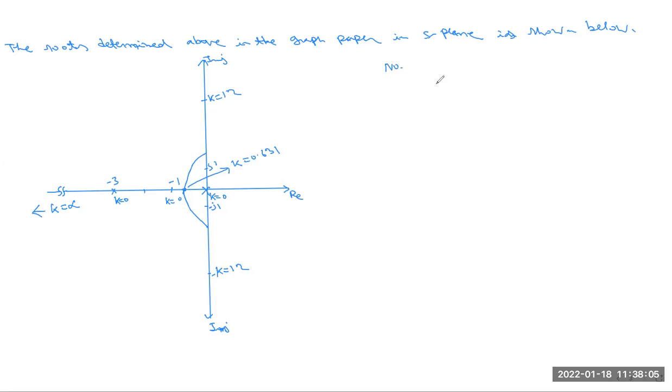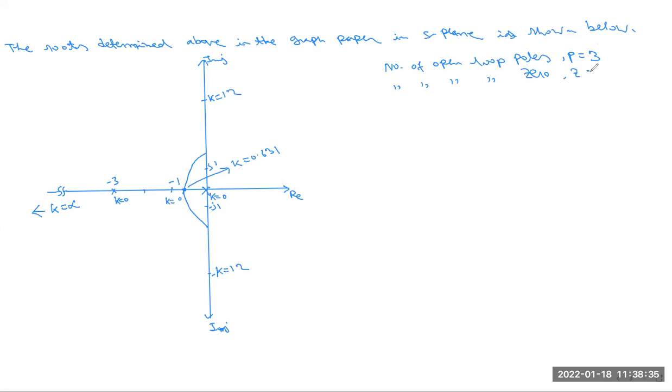What is the number of poles in this characteristic equation? That is the number of open loop poles, that is P equals 3. Why is it 3? Because we have to follow the highest order of S, that is S to the power 3. So that's why the pole P equals 3. And what is the number of zeros?